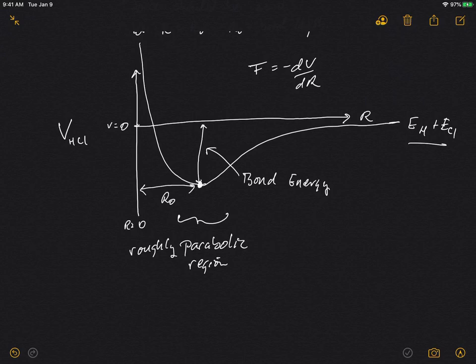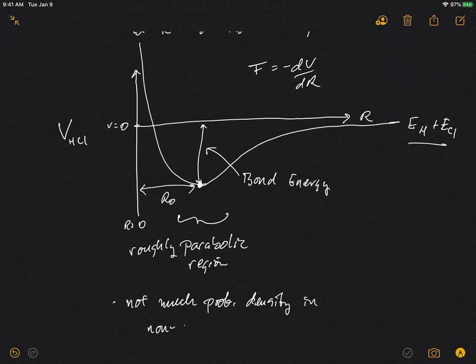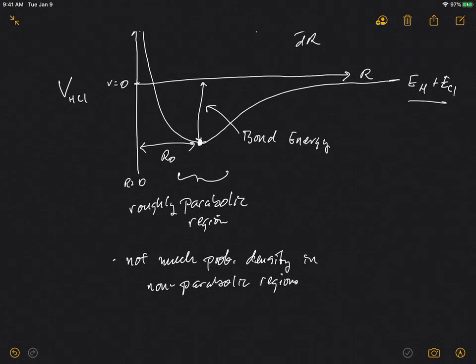The wave functions don't extend much past the 0.9 R0 to 1.1 R0 region, and so there isn't much probability density in the non-parabolic regions. Therefore, the harmonic oscillator turns out to be a pretty good approximation, at least for the lower vibrational states.